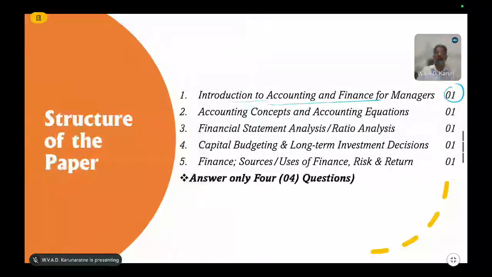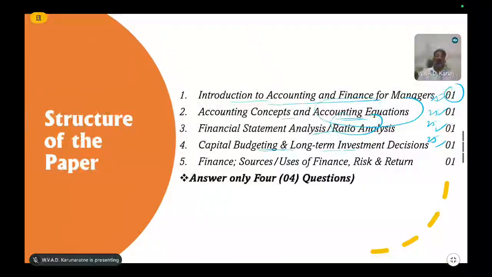So accounting concept and accounting equation, one question, right? Then financial statement ratio analysis, one question, and capital budgeting and long-term investment decision, one question. 25, 25, 25, here also 25.